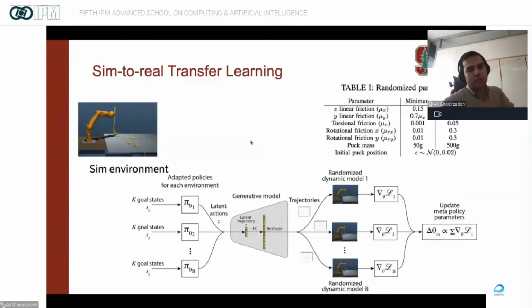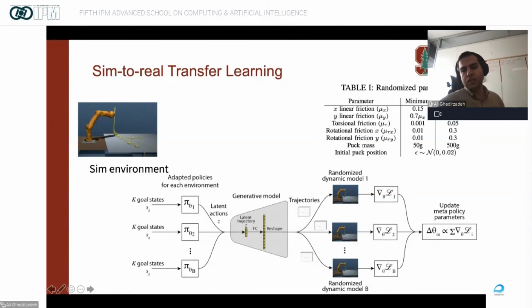In simulation, we can't perfectly match the physical parameters of the real world. But what we can do is create a wide range of different parameters in simulation. This is called domain randomization. In this particular example, we can adjust the linear friction over X and Y axis, torsional friction, rotational friction, puck mass, and initial puck position.